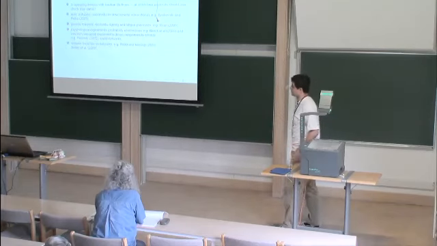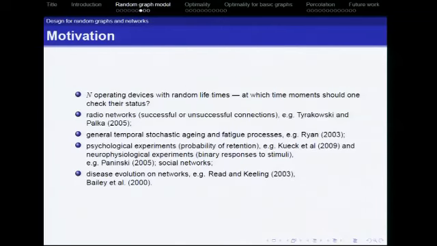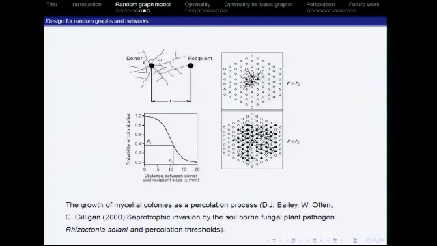Disease evolution on networks, and that's probably the most motivating scenario for us. Let me just show you this figure, which is a reproduction from a work of Bailey, Otten and Gilligan, which shows how people with an interest in plant epidemiology model the spread of a disease of a fungal pathogen in a soil medium, from plant to plant.